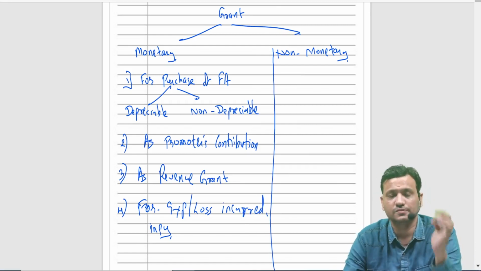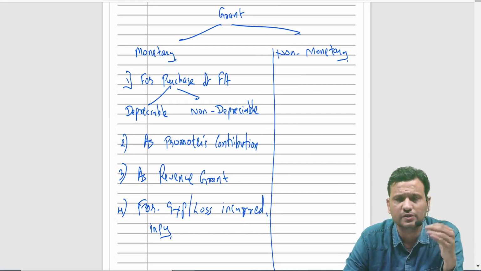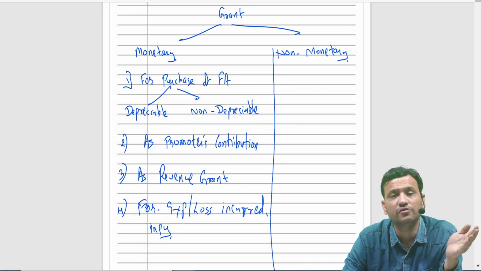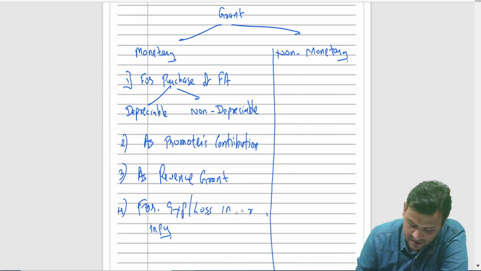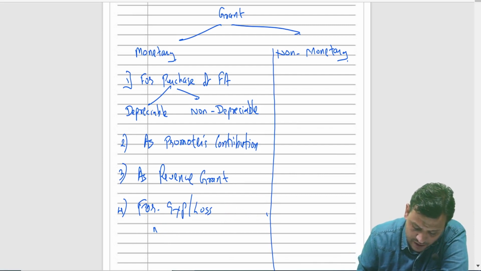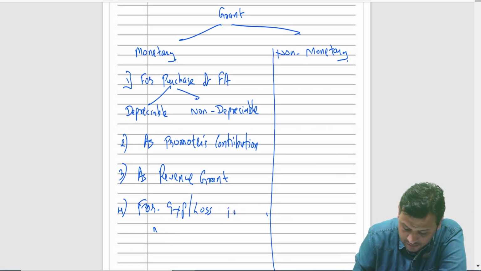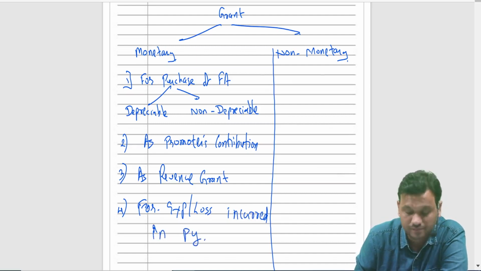And of course, for some loss or expense which has been incurred in previous year, I am getting grant in the current year. In the last year you have incurred some loss, and for that you are getting the grant.